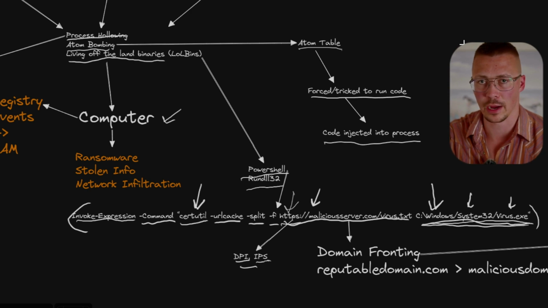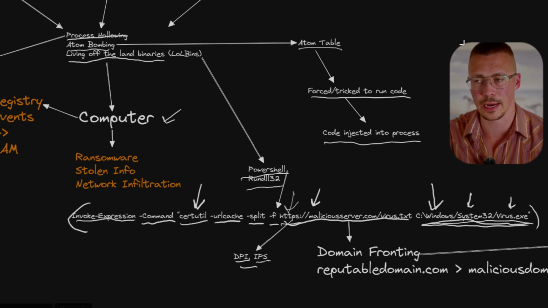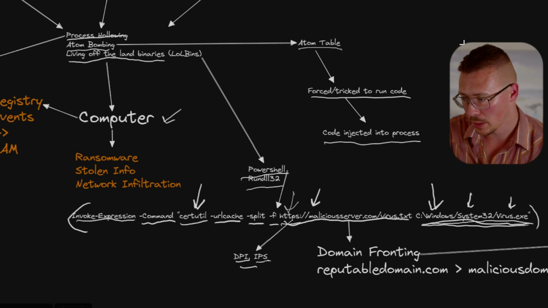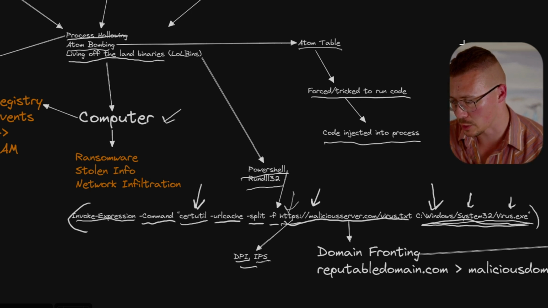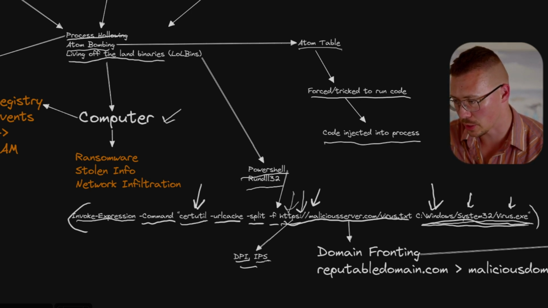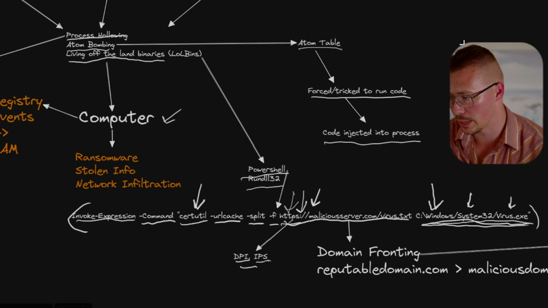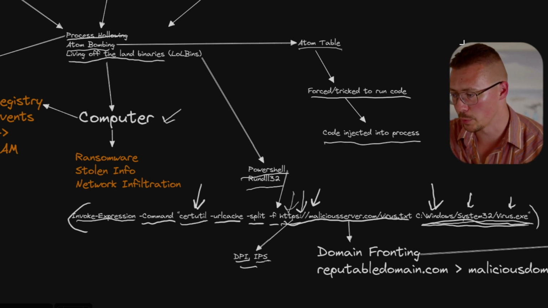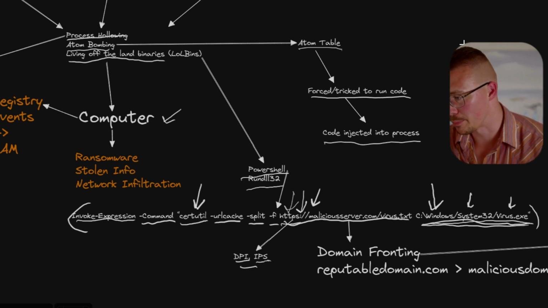They're either going to have IPS, intrusion prevention system, or IDS, intrusion detection system. And so if you have deep packet inspection enabled and IPS is doing its job, if you're running everything through HTTP, it will be able to inspect that traffic ahead of time and say, okay, something's wrong here, and then block it.